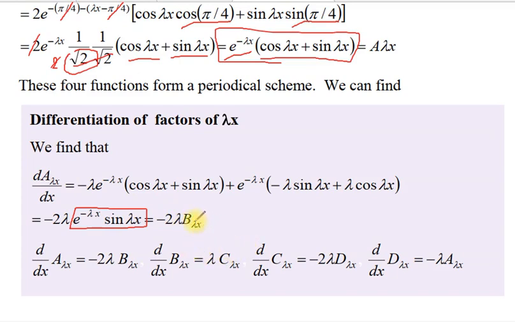The other differentiations are in similar steps. For differentiation of B with respect to x equal to lambda C lambda x, and differentiation of C lambda x with respect to x equal to minus 2 lambda D lambda x, and also differentiation of D equal to minus lambda A lambda x.